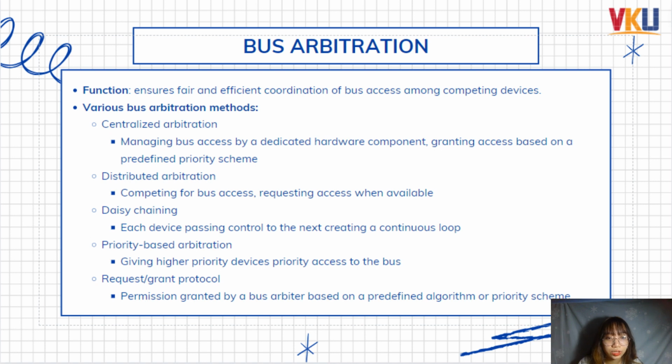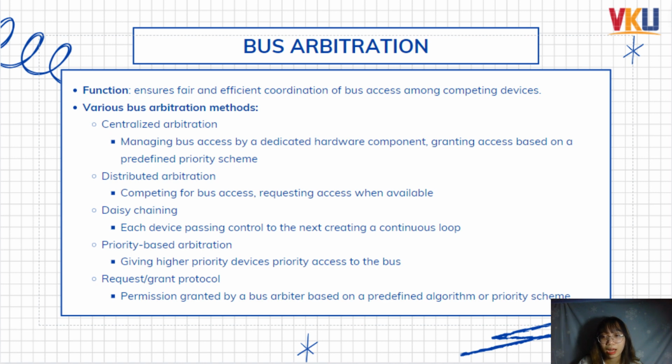Here I have centralized arbitration, distributed arbitration, daisy chaining, priority-based arbitration, and the last one is the request-grant protocol. In centralized arbitration, the method involves a dedicated hardware component managing the bus access, granting access based on a predefined priority scheme to different devices or processors.